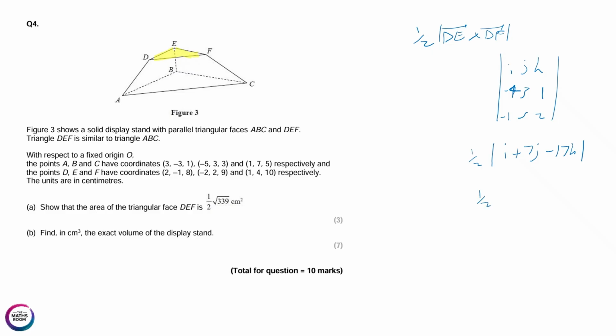So half square root of 1 squared plus 7 squared plus 17 squared, which is half root 1 plus 49. 17 squared is 289. That adds to 339. That's quite straightforward.